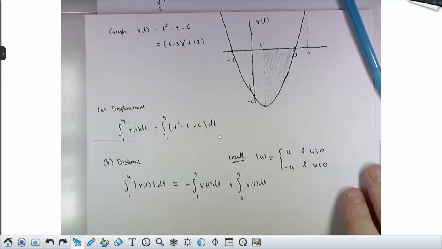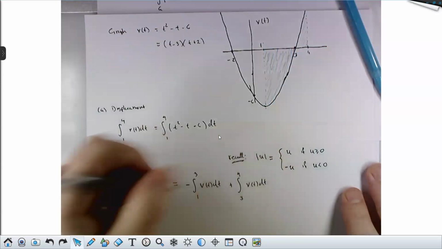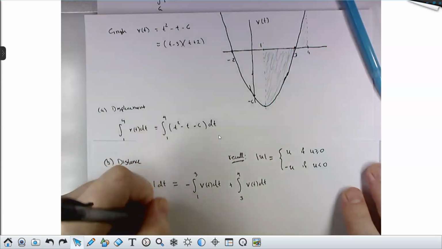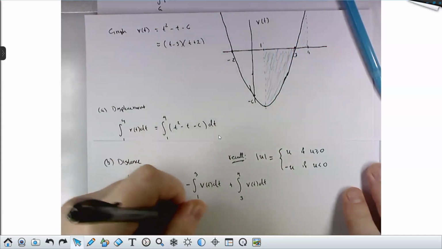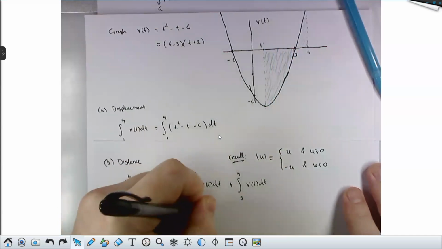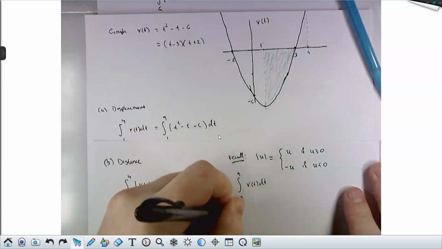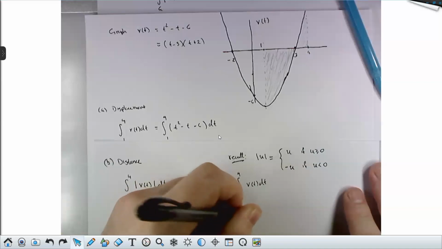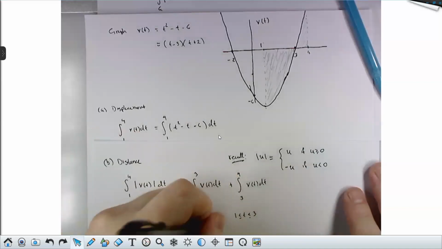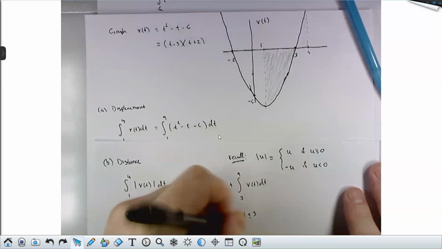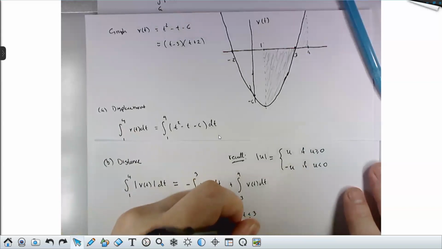In other words, the absolute value of v of t is equal to negative v of t for 1 less than or equal to t less than or equal to 3, and it's equal to just v of t for 3 less than t less than or equal to 4.